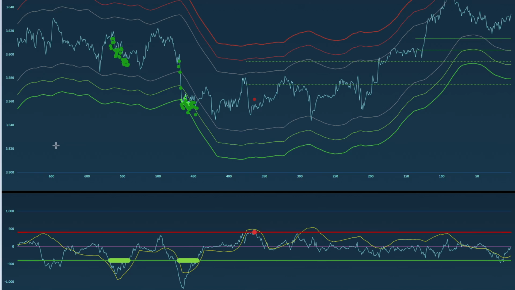That's basically a trend following strategy, and what we use for that is practically only this yellow line, which is Momo 2, so momentum 2.